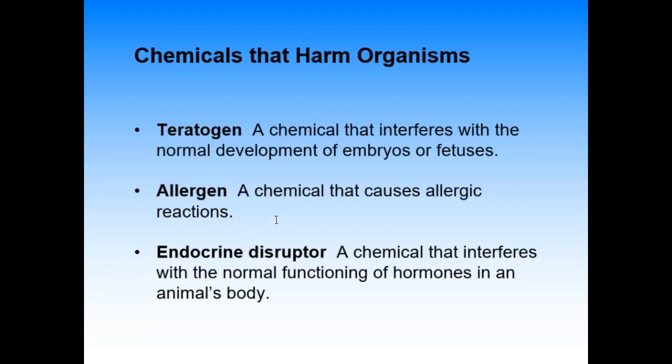You might have certain chemicals that will interfere with the development of embryos or fetuses, and like I said, Zika virus is one that will affect unborn babies. You have some allergens that will cause allergic reaction, and then endocrine disruptors are going to be ones that interfere with the hormone balance in your body.